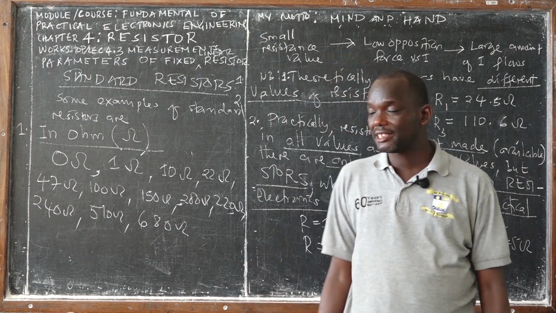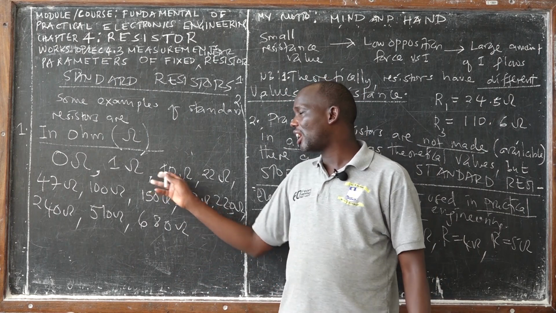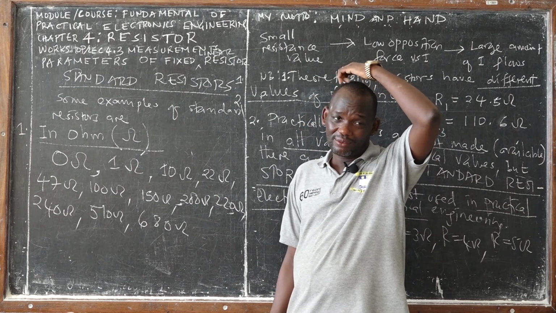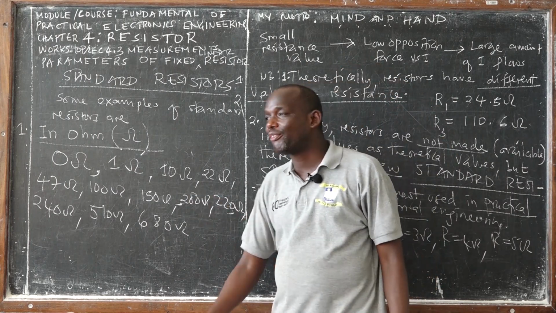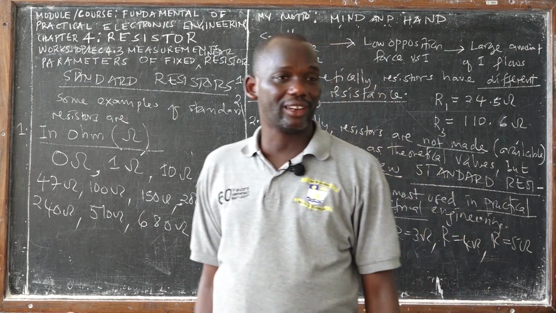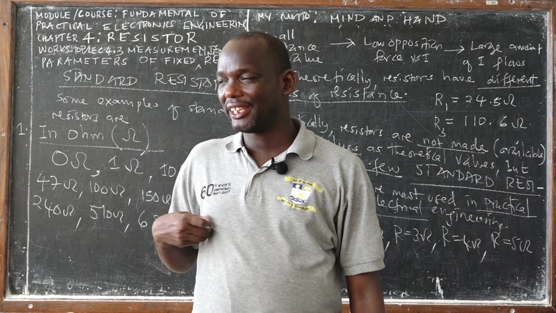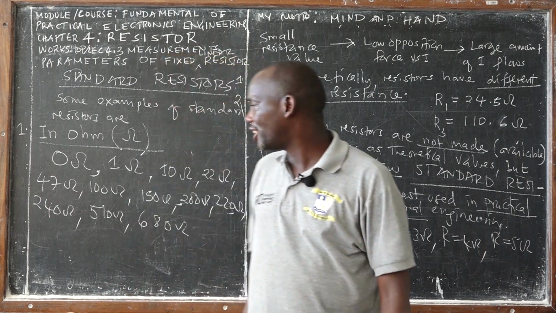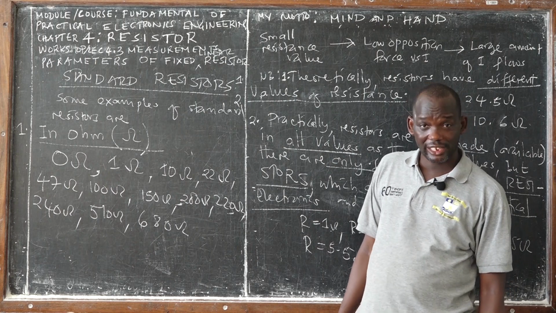So the question comes now: what if in your calculation, you compute that the required resistance is 6.5? You know that there is no resistor of 6.5. Until we end this workshop, you'll know that this does not exist in standard resistors. Are we together?